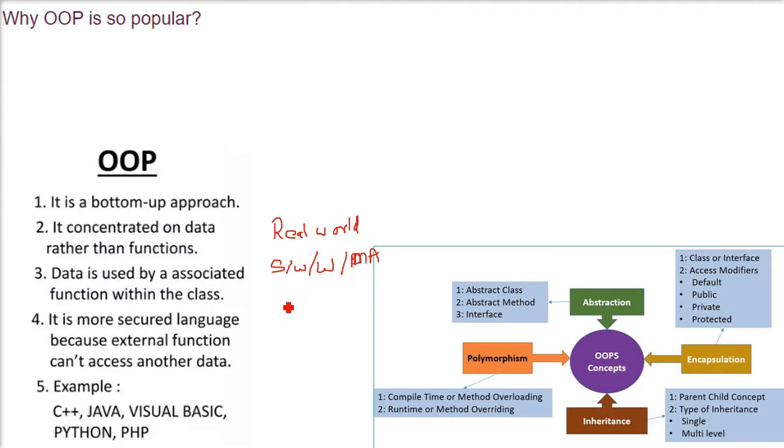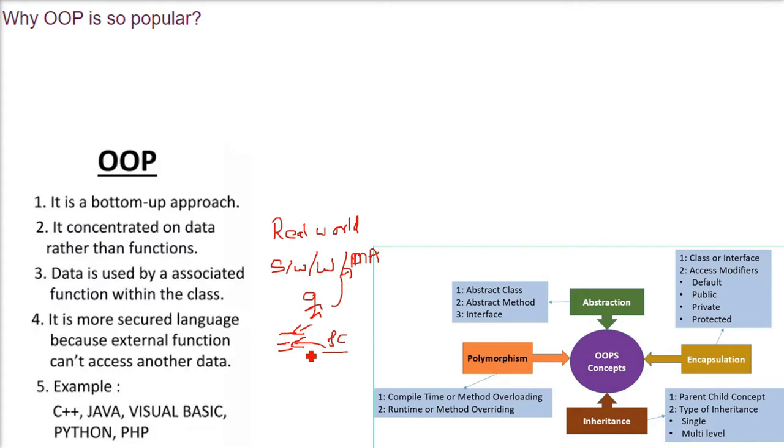So there has to be some programming language to implement the real world scenario. Somebody came to you, he says, make a mobile application for me. So you have to choose a programming language that should implement and provide you all the facilities so that you can make that real life mobile app work.